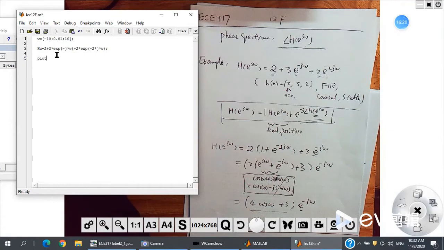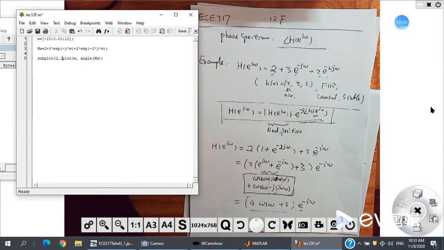Plot. I have omega, and I have the angle of H(ω). I can plot both. How to say? Subplot, right?